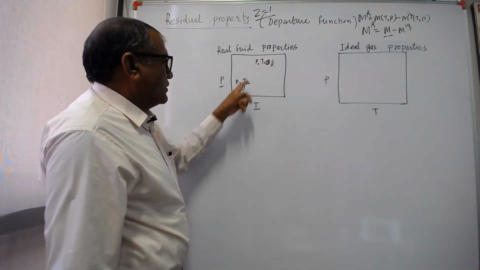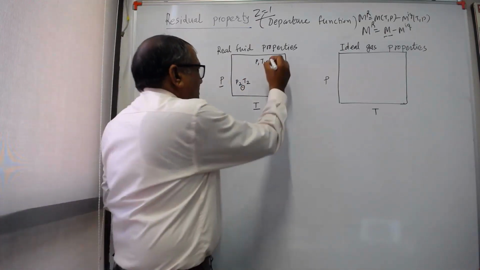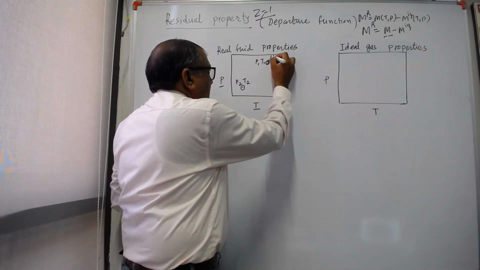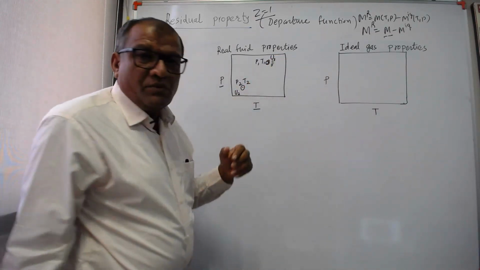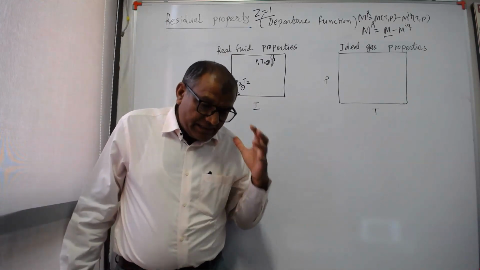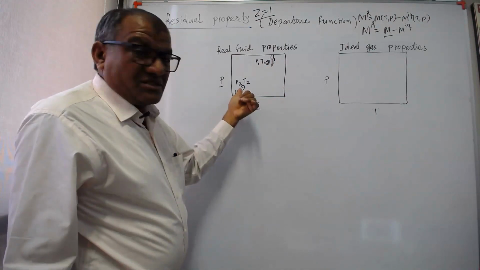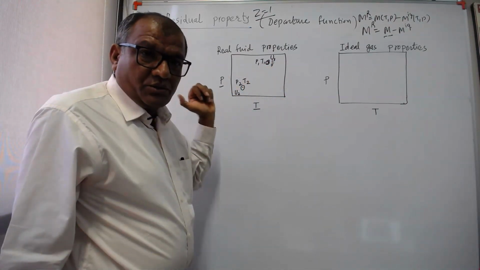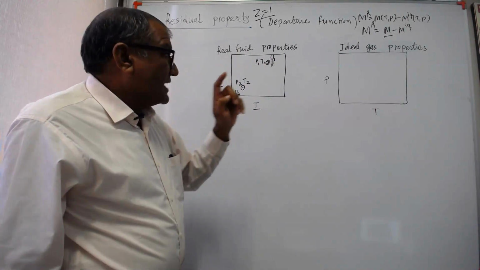How can we calculate the property change between these two states? As for example, I want to calculate delta U. So here U1, here suppose U2. What is the change in internal energy during the change from state 1 to state 2? And I am talking about the real fluid property, not an ideal gas.